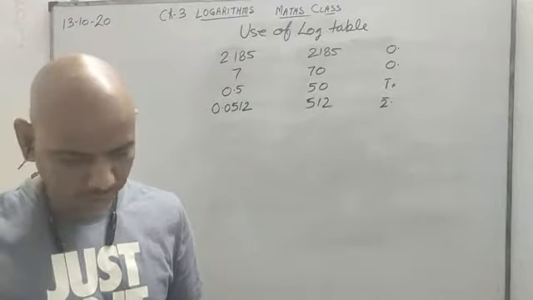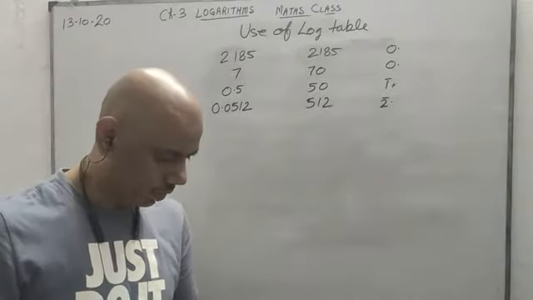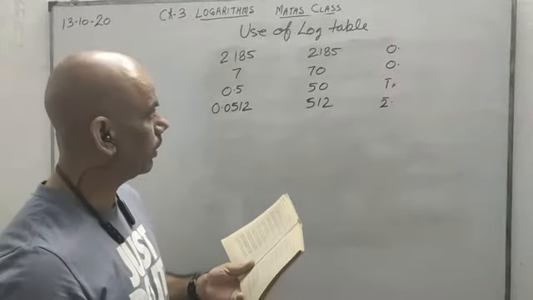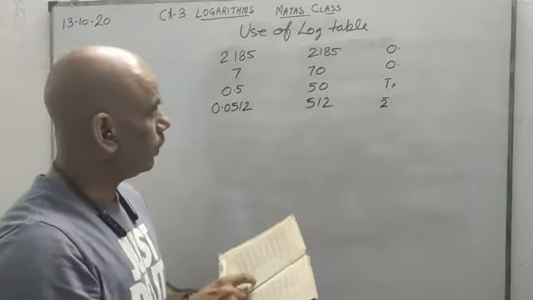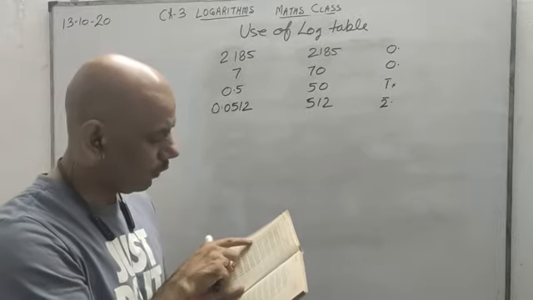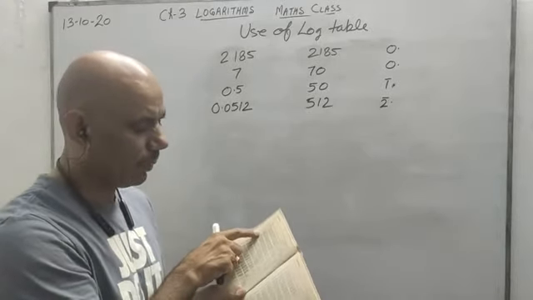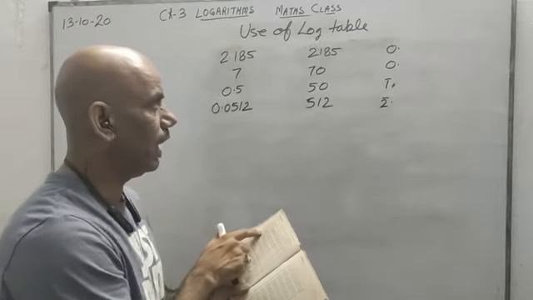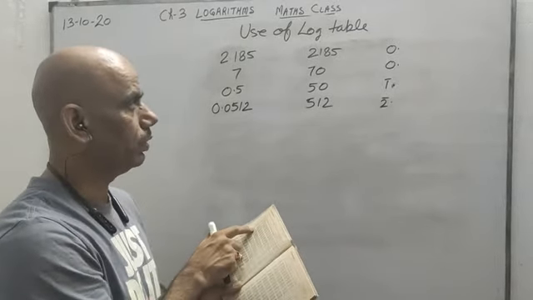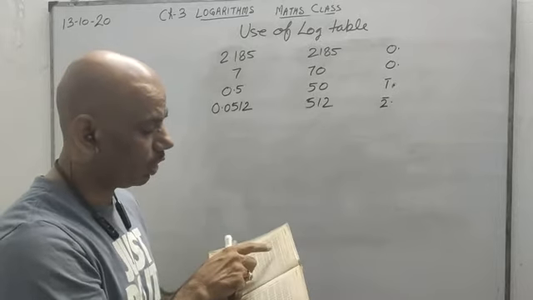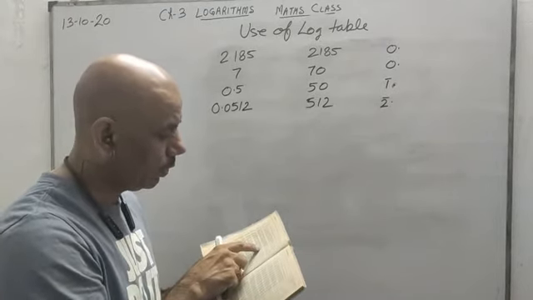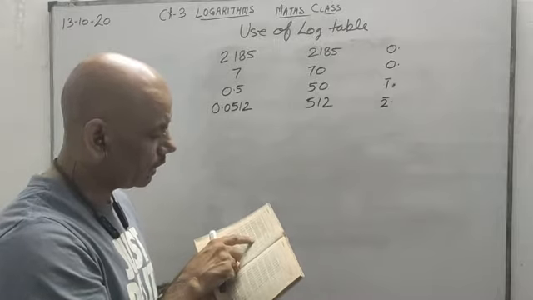I am using this table because the book is quite heavy, and holding it in hand is unnecessarily troublesome. So first of all, I will look for the row of 21. Here I have the row of 21. In this row of 21, I will go to the column under 8. In the row of 21, the column of 8 gives 3385.